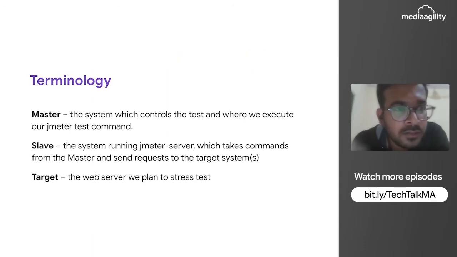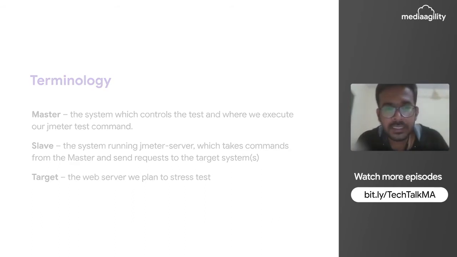Here is the terminology which we are going to use. Master is our master machine, which will control the test and where we execute our JMeter test commands. Slave is our slave machines, which take commands from the master and send requests to the target system. Target is the web server or web application under test, which we are going to stress test.